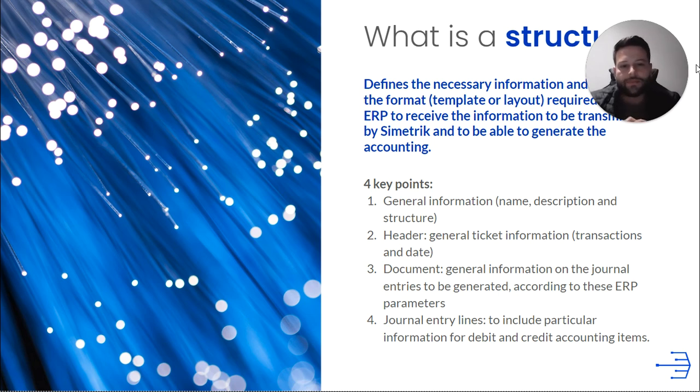Second, the header, which is the general ticket information like transactions and dates. Next, we have the journal entries lines that include the particular information for debit and credit accounting items. And finally, we have the document, which is the journal information on the journal entries to be generated according to these ERP parameters.